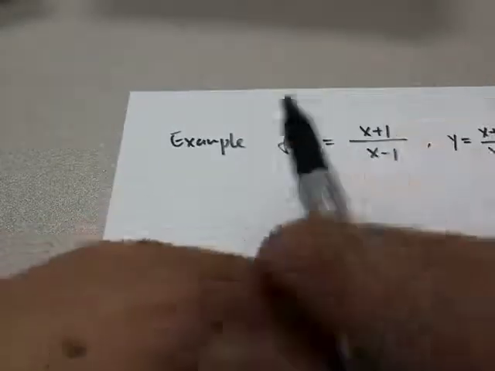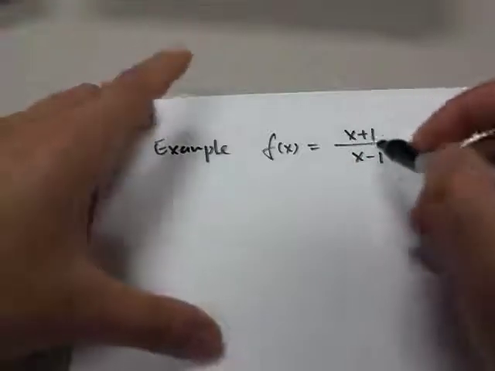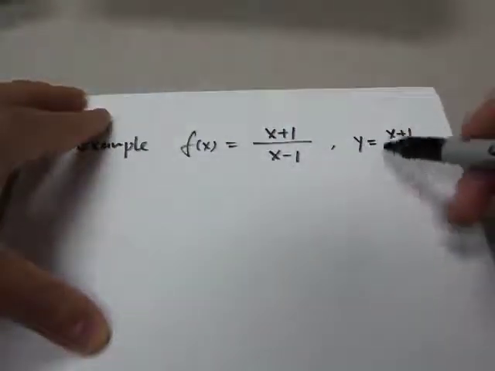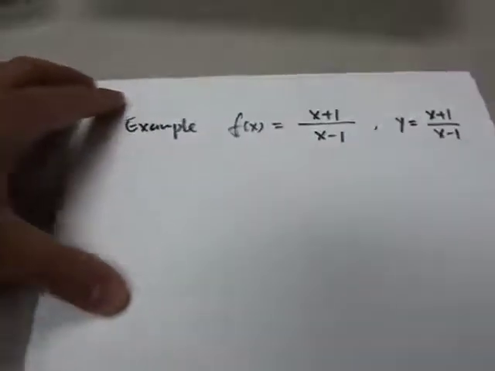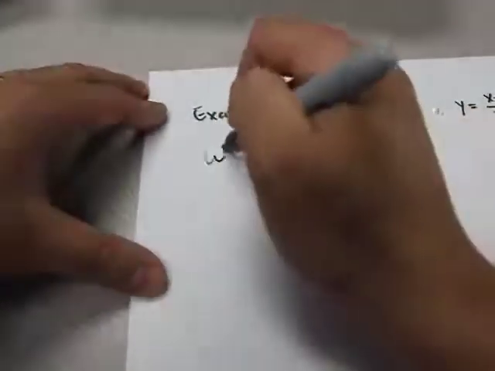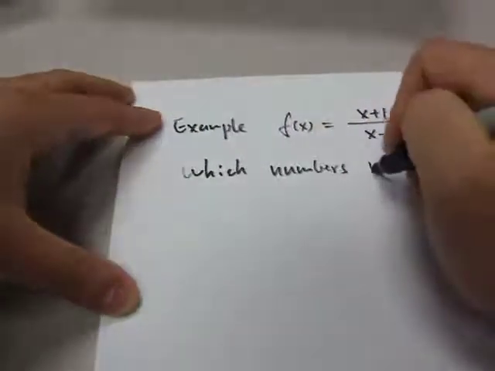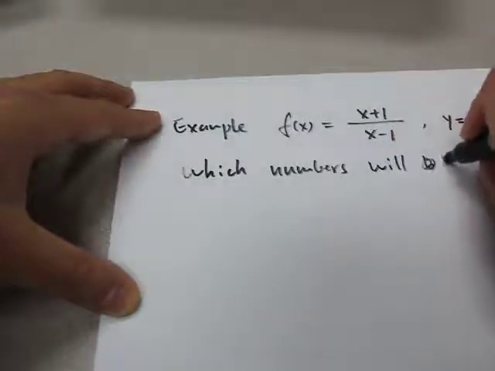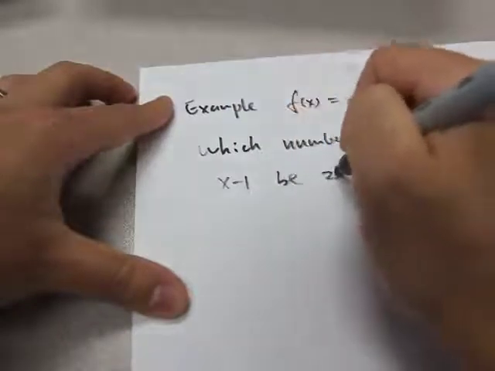To answer this question, we just look at which numbers will make the denominator of this expression 0. Now the denominator of this expression is x minus 1. So which numbers will make x minus 1 be 0?